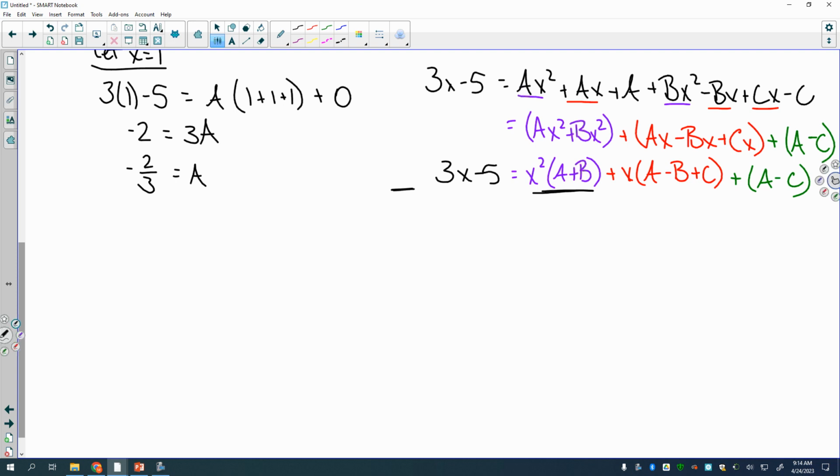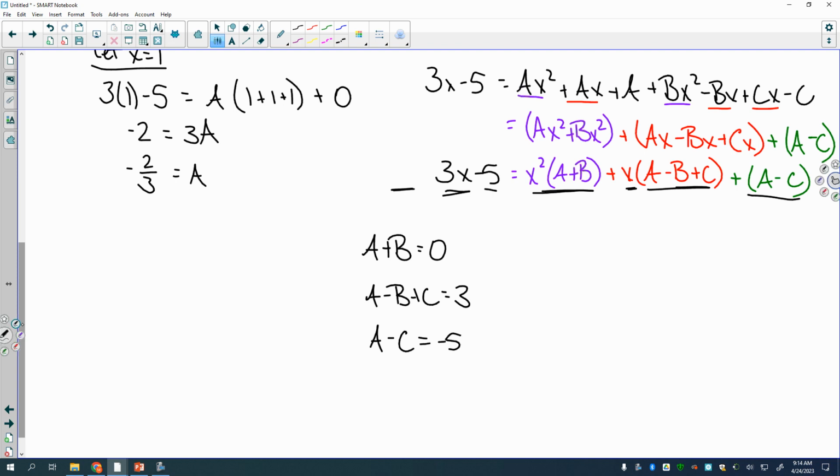There is no x squared, so that tells me that A plus B has to equal 0. The x here has to match with the x over here, so A minus B plus C is equal to 3. And then the constant on the right side has to match with the constant on the left side, so A minus C has to equal -5.